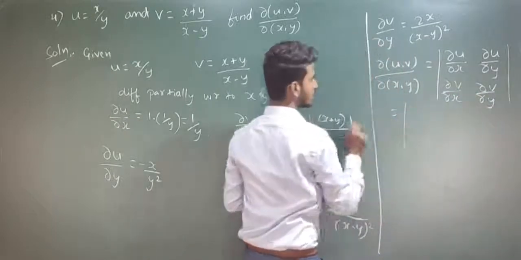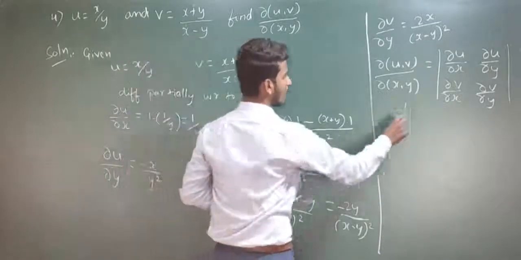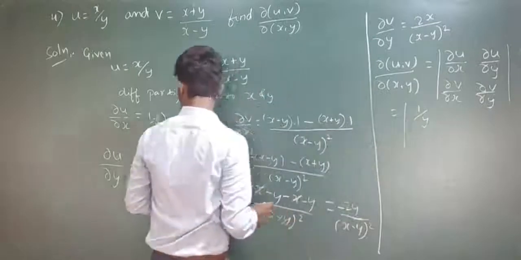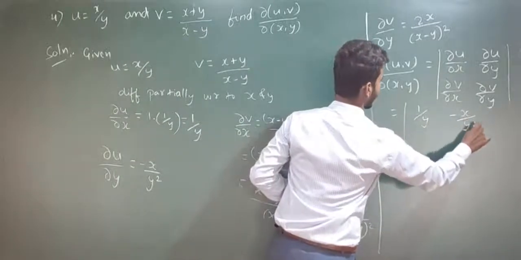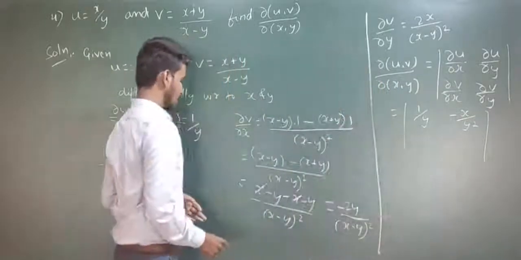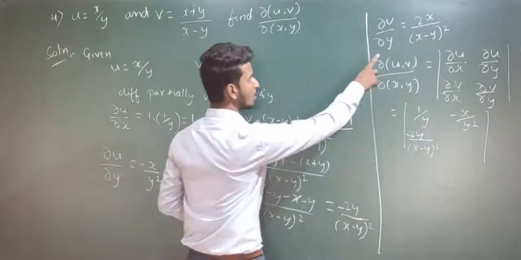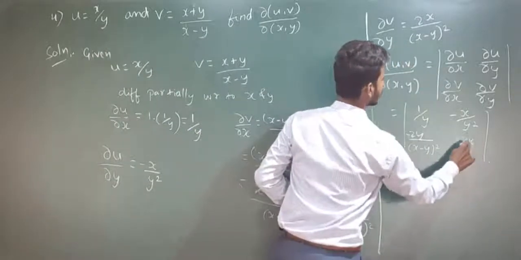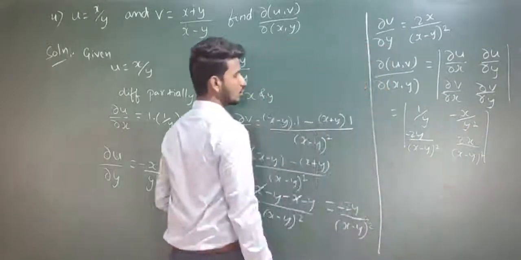Now we substitute the values: dou u by dou x is 1 by y, and dou u by dou y is minus x divided by y square. Next dou v by dou x is minus 2y divided by x minus y whole square, and dou v by dou y is 2x divided by x minus y whole square.